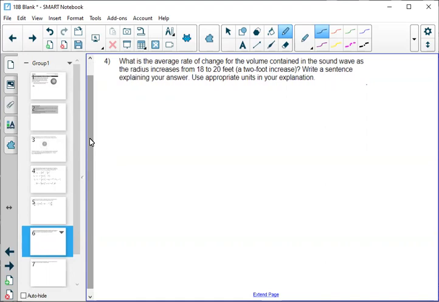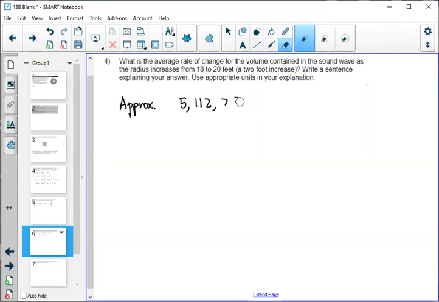And if we plug in all the numbers here, we're going to get a value approximately 770.3 cubic feet per second.